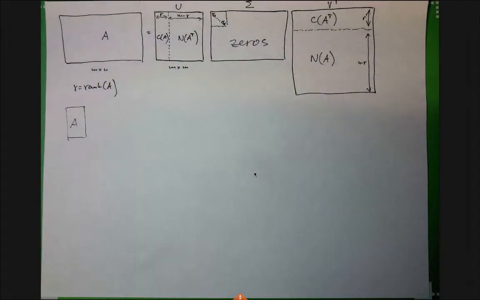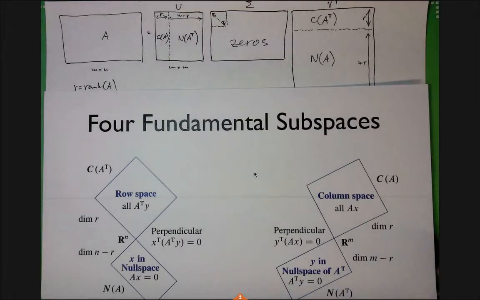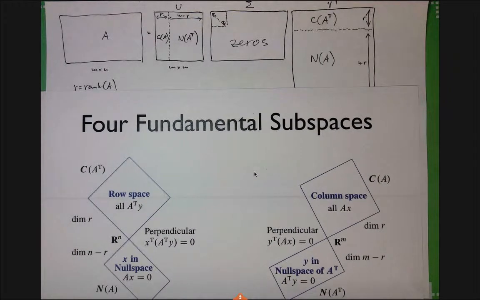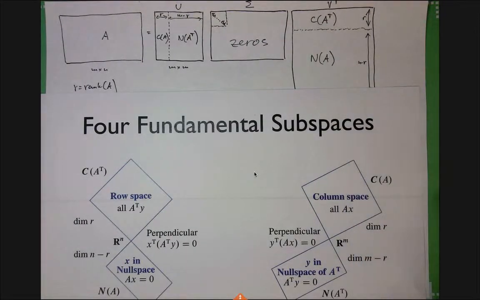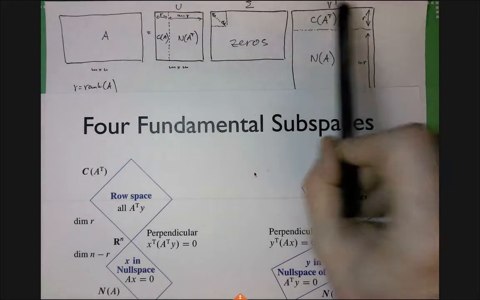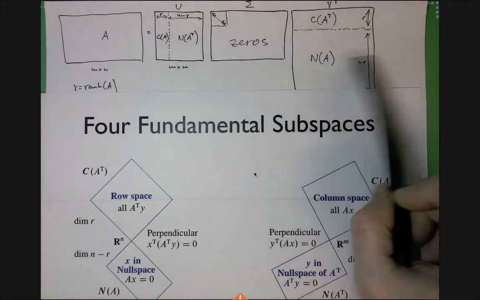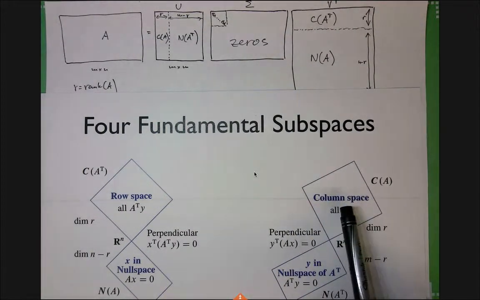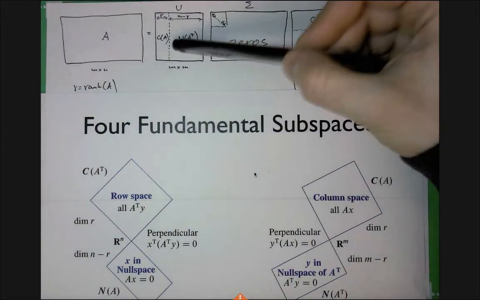So compare this. I will explain this in a second, but I just want to compare it with this 4 fundamental subspaces picture. That's exactly what we see in the SVD. So the row space, we read here. The null space is here, and we have orthonormal bases for these spaces. For the column space, we have the orthonormal basis here, and for the left null space, it's right here.